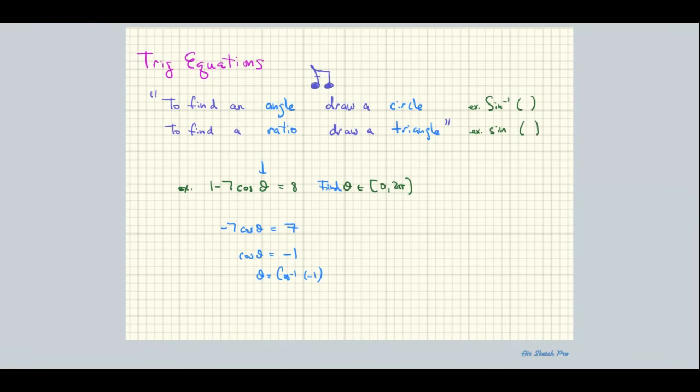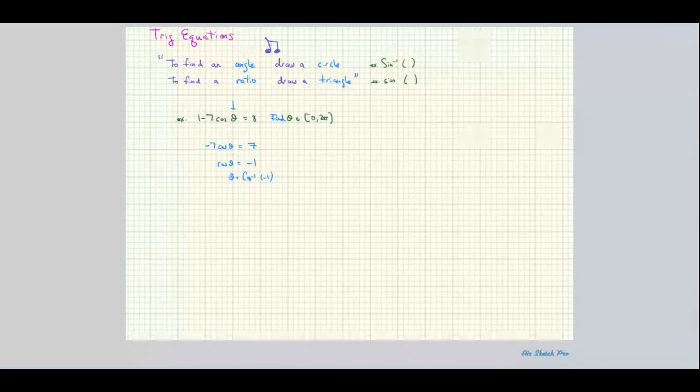But as soon as I see cosine theta equals -1, I know I'm trying to solve this for theta. It's the only variable up there. Cosine's not a variable, it's a function. Okay, so I'm trying to find an angle. So what do I do? I draw a circle.